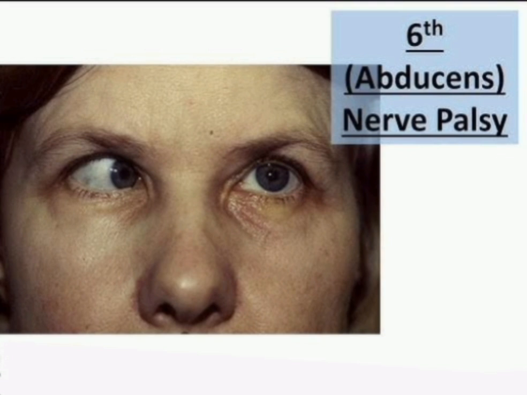So when we take the history, we are targeting the DD. First of all, onset, course and duration, anything that makes it better, anything that makes it worse. Did anything happen before, because trauma is one of the causes, any viral illness, the Epstein-Barr virus, GBS, these are causes. Then any other part weak, any history of tumor, fever, recent illness, flu, sinusitis, sore throat, morning headache, migraine, morning vomiting, because brain tumor features are morning headache and morning vomiting.